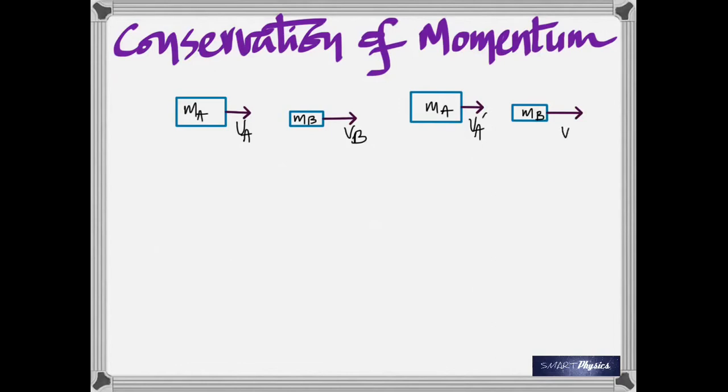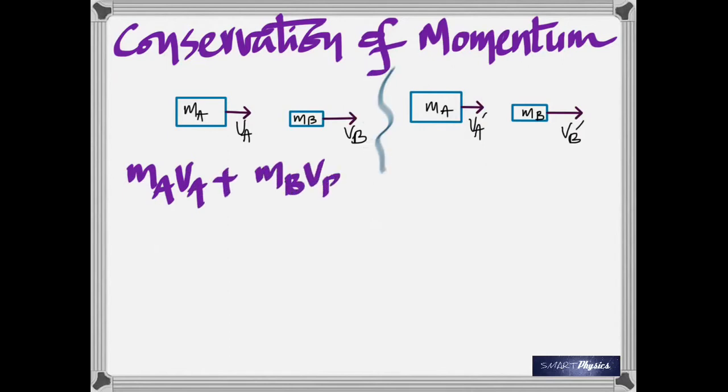After the collision, the velocities become va prime and vb prime. According to the conservation of momentum, ma va plus mb vb is equal to ma va prime plus mb vb prime.